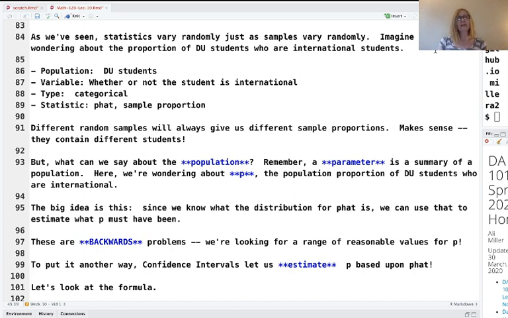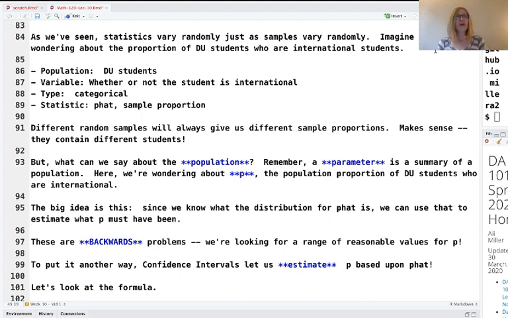We've seen that statistics vary randomly because samples vary randomly. Every time we take a random sample, we're going to get something different, and that means the numerical summary we get, the statistic, is also going to be different. We'll get something different every time.